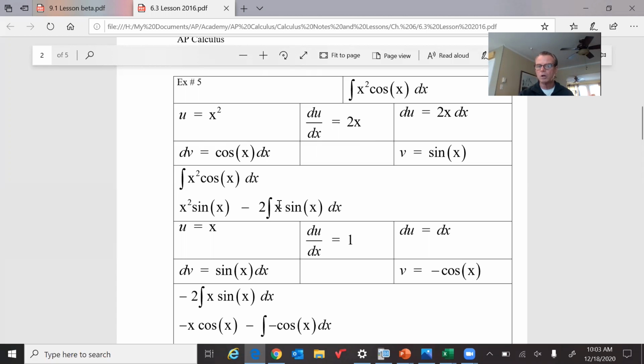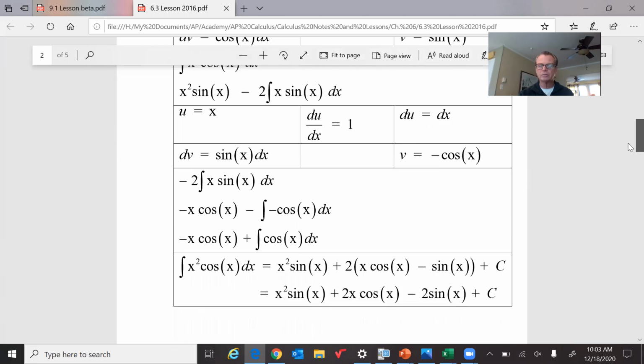Okay, what did you do? Well, you took the original question and you reduced the degree of x by 1. It went from x squared to x. So you can see how you're going to do this again, where u is x instead of x squared. So you're going to have this first pair of factors, subtract everything over here.